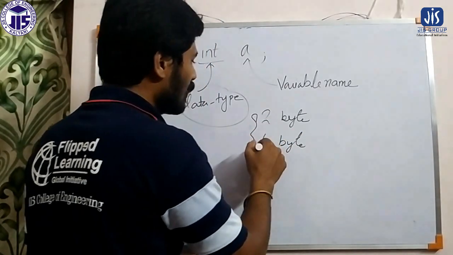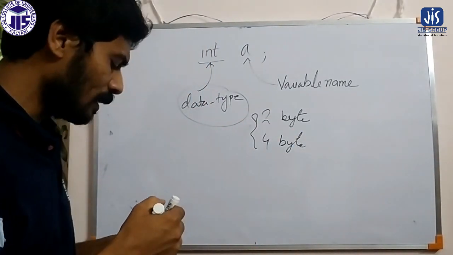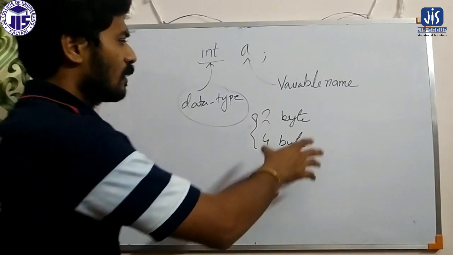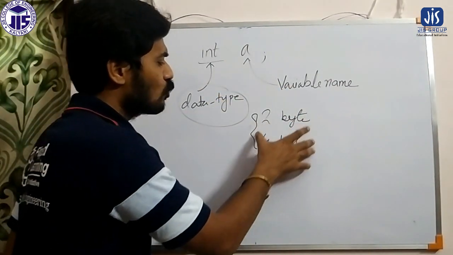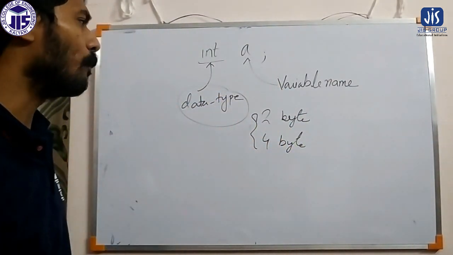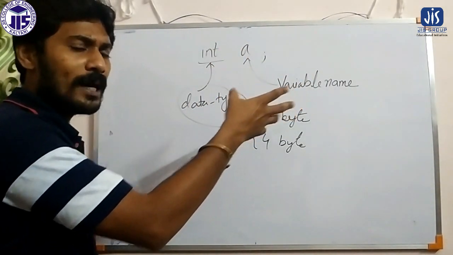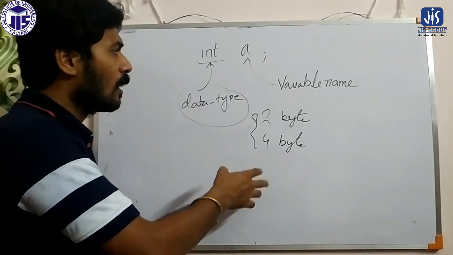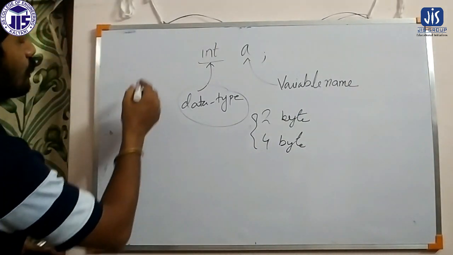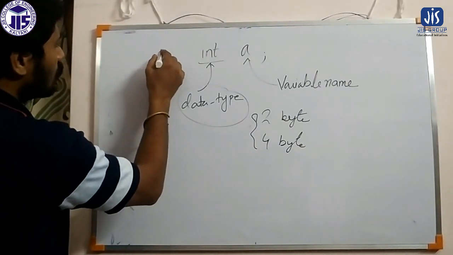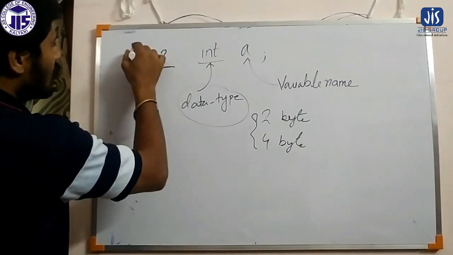So the size also depends on the type of compiler, but it is fixed that the size of integer is either 2 bytes or 4 bytes depending on the compiler. So from the data type we can decide what kind of value is going to be assigned and what will be the memory allocated. Now here there is another thing that we have not mentioned, that is the storage class.